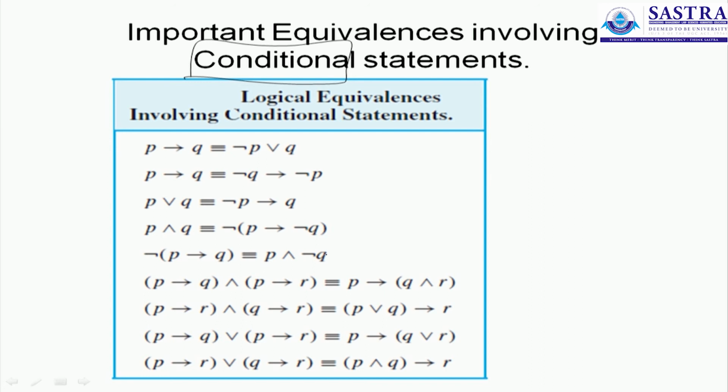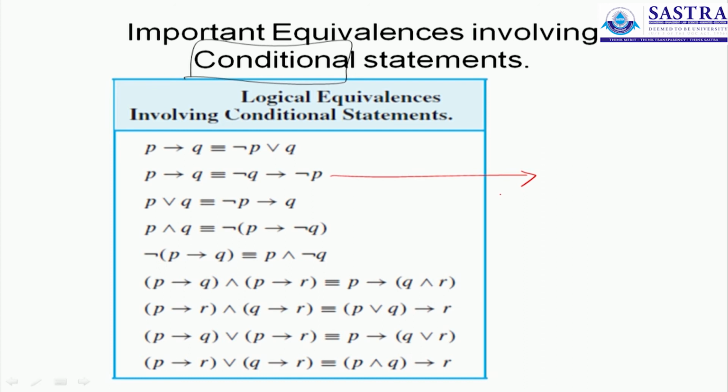We have verified one of these before. If you can recall, the second statement here is between a conditional and its contrapositive. If you remember, last class we introduced a conditional and 3 different versions of the same. We introduced a conditional and its converse, a conditional and its inverse, and a conditional and its contrapositive.